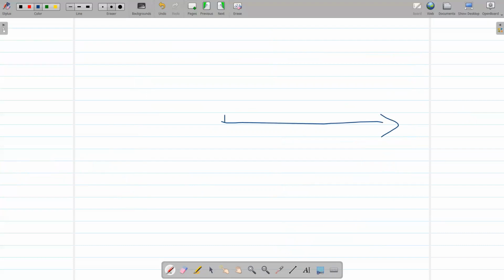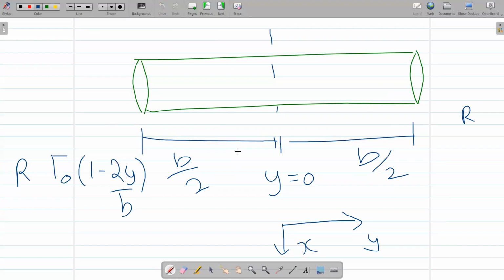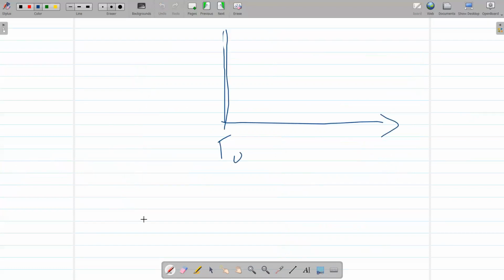At y equal to 0, this will be gamma naught. And at the tip of my wing, that is when my y equal to b by 2, if I substitute that over here, this becomes 0. So my circulation goes from gamma naught to 0 on the right hand side of the wing.